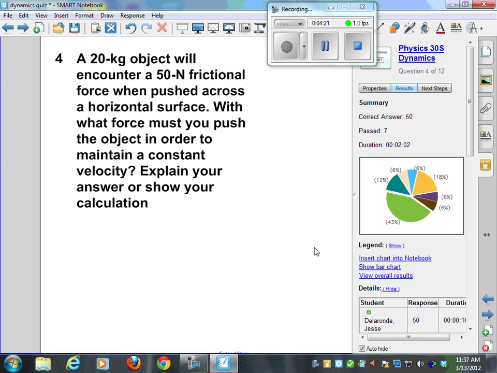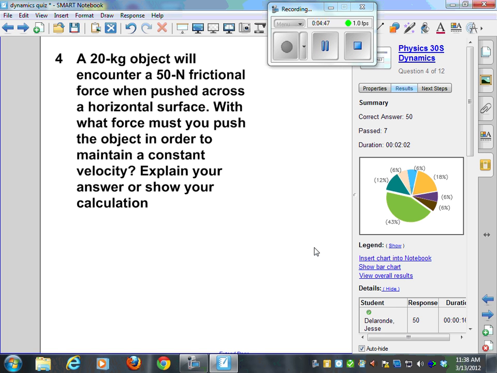Number 4, a 20-kilogram object will encounter a 50 newton frictional force when pushed across a horizontal surface. With what force must you push the object in order to maintain a constant velocity? An object in motion will stay in motion unless there is another force. Is there another force here? Yes, there is. There's friction, so it will slow down unless you apply enough force to overcome friction.